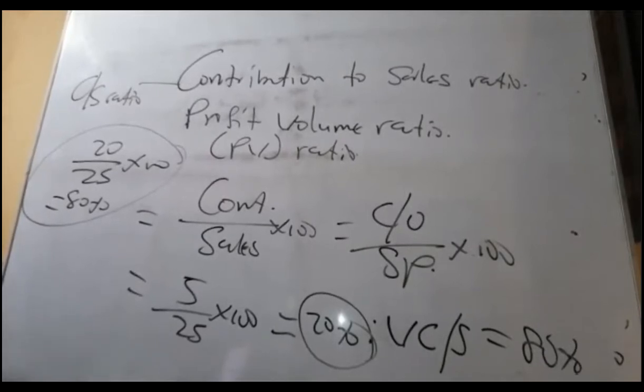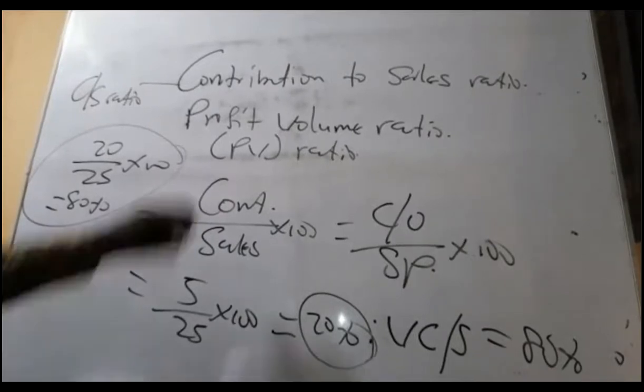Now, how do you find break-even sales value? We said that break-even sales value is equal to the break-even units times the selling price, right? There's an alternative formula.